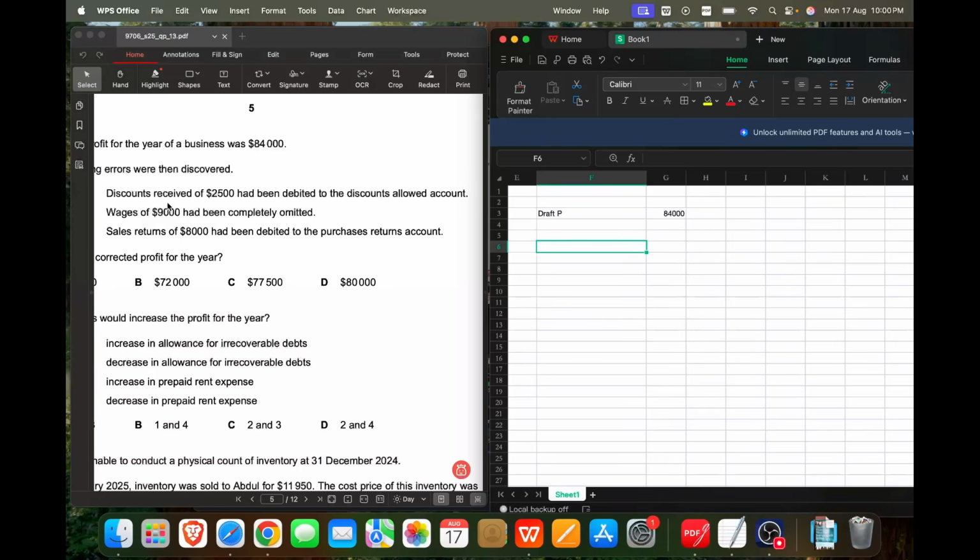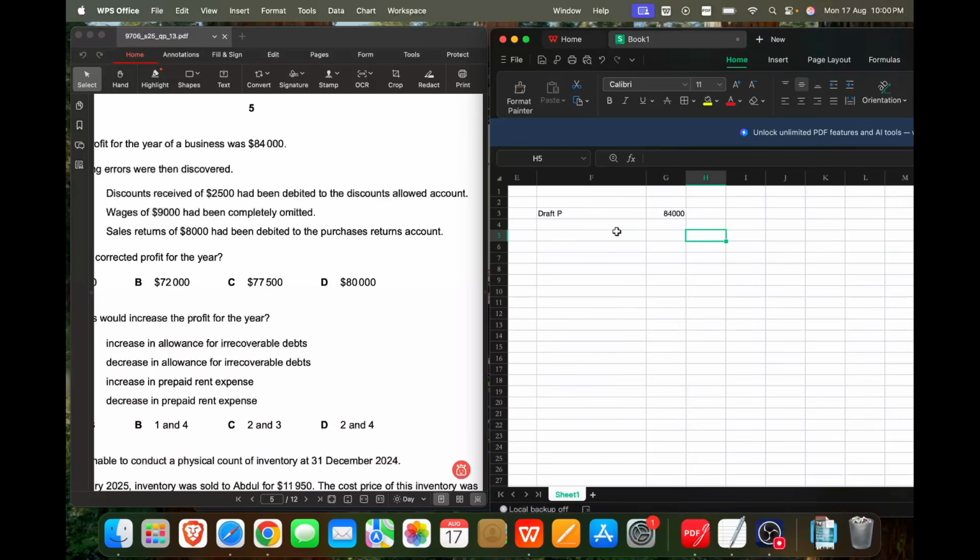So income was considered as my expense. If I treat this, then I need to subtract it from my expense. So discount allowed amount would be subtracted. Discount allowed expense subtracted, that means the profit will increase.